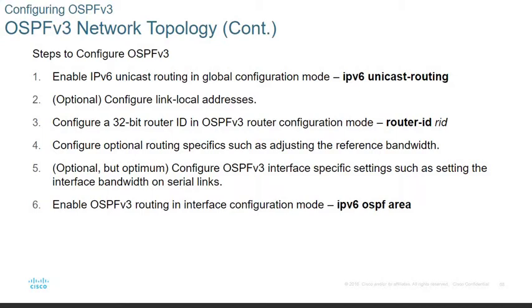Configure a 32-bit router ID in OSPFv3 router configuration mode: router-id rid. 4. Configure optional routing specifics, such as adjusting the reference bandwidth. 5. Optional, but optimum, configure OSPFv3 interface-specific settings, such as setting the interface bandwidth on serial links. 6. Enable OSPFv3 routing in interface configuration mode: ipv6 ospf area.